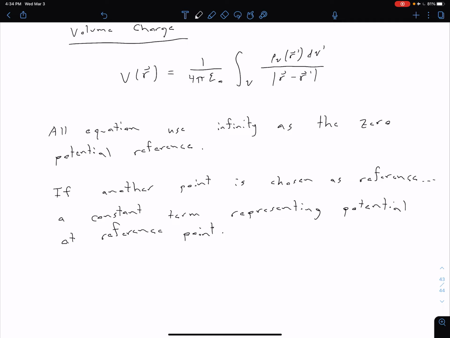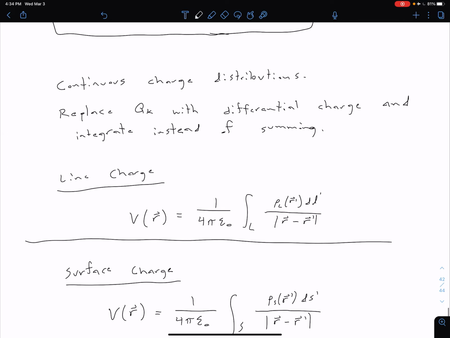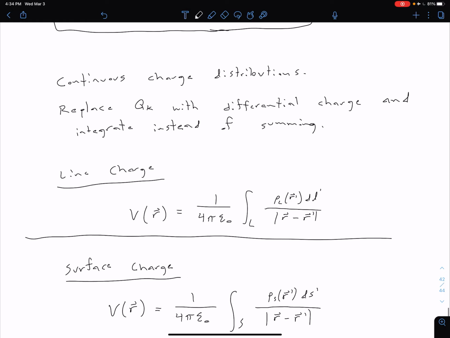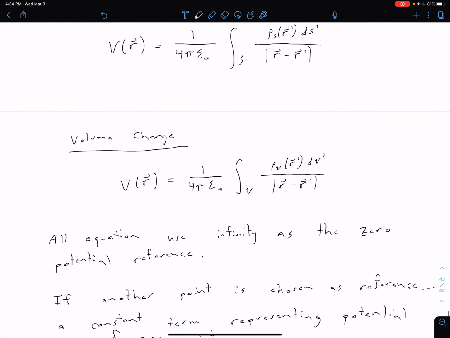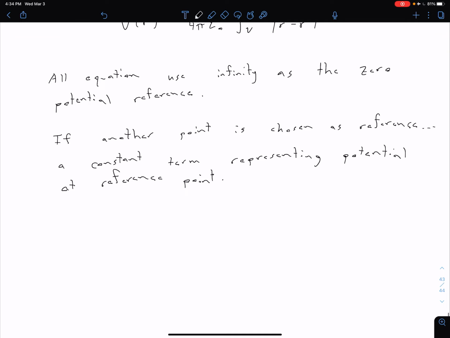Okay? And then another thing to keep in mind is that with all of these equations, we're finding our V from our charge distribution, or sort of where our charges are in space. So we're sort of going all the way back and using Coulomb's law. It's worth keeping in mind that, again, we have several different V equations, and we're going to keep expanding on this over the next few videos.